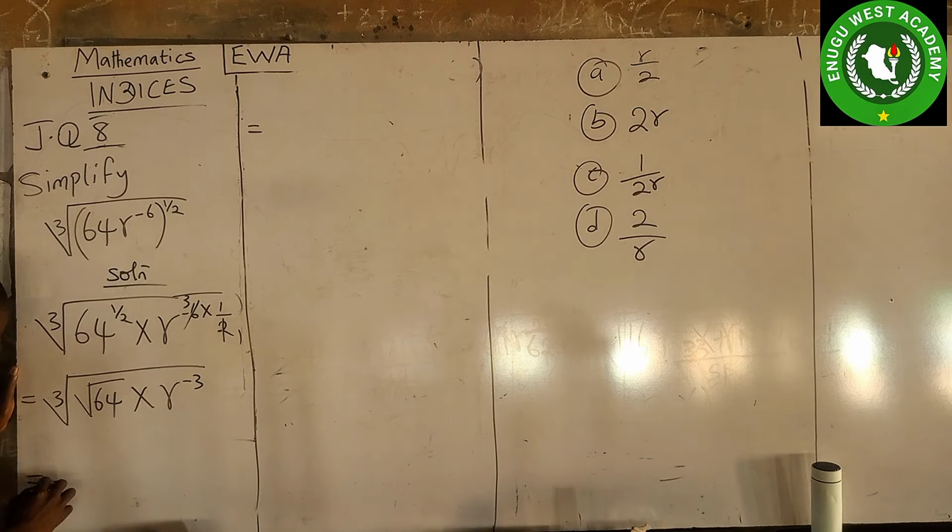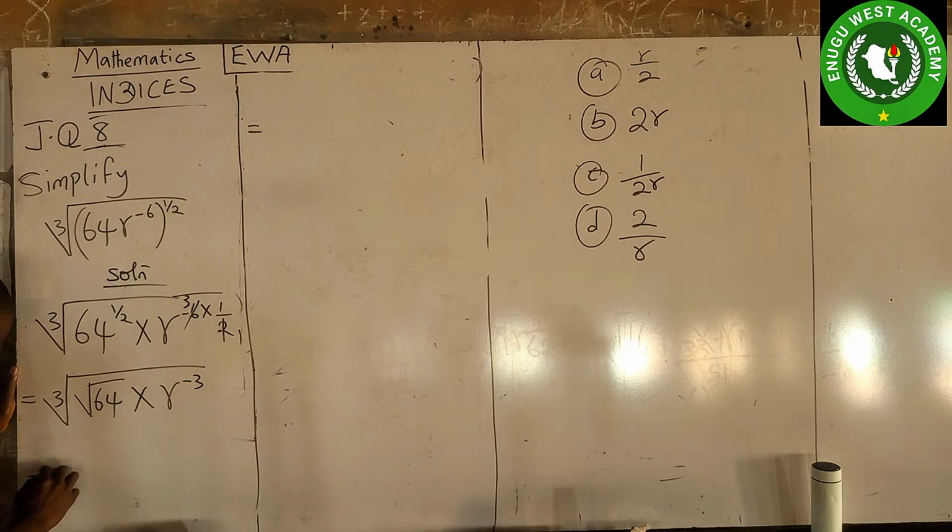So we're going to have cube root. Now we know that square root of 64 is 8. Here we have r raised to power minus 3. Now remember, we can work on the cube root of 8.